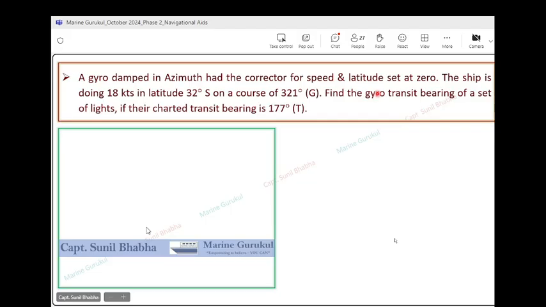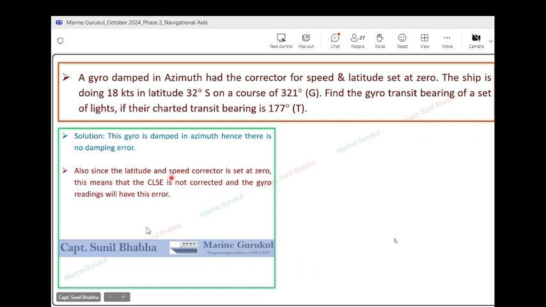So this is the meaning of these speed and latitude correctors. So let's now see the solution of this question. The first thing given to us is that the gyro is damped in azimuth. Now we know for compasses which are damped in azimuth, there is no damping error. So that's why there is no damping error in this gyro compass. Damping error is only present in compasses which are damped in tilt.